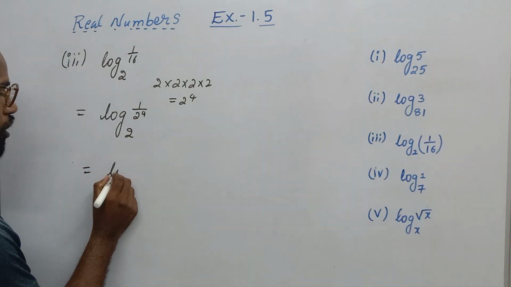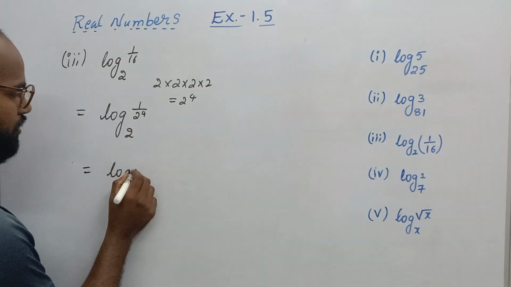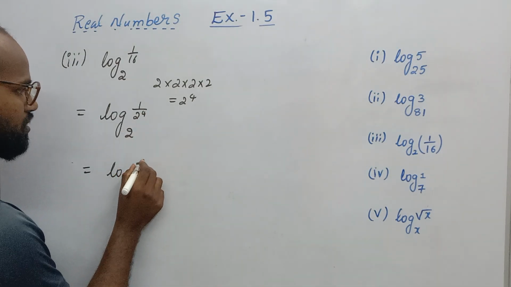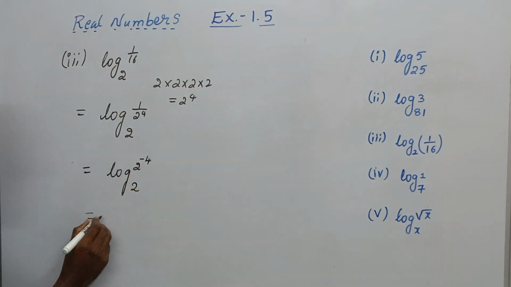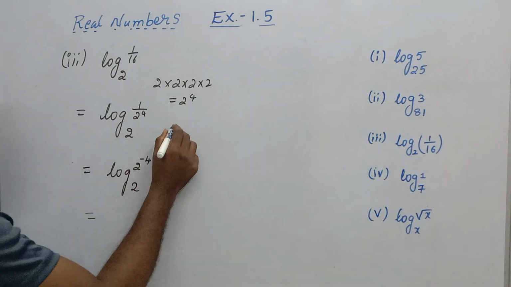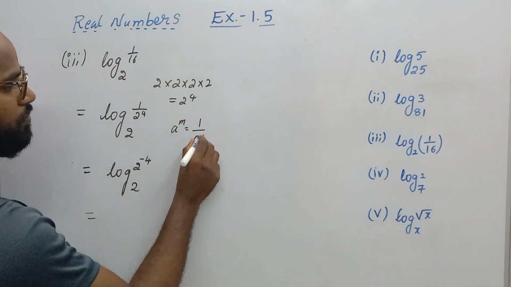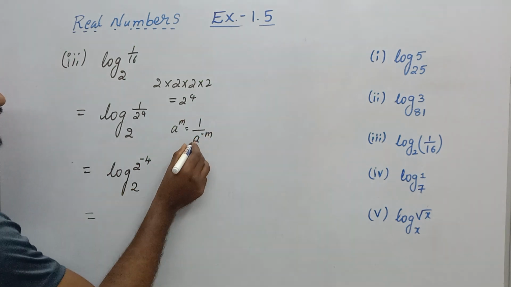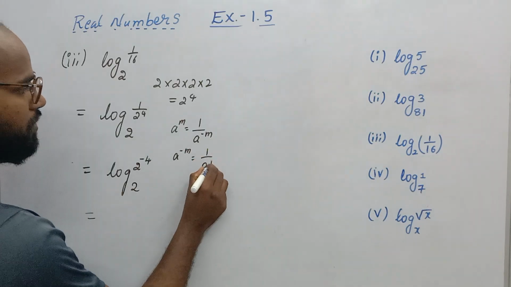Then log, so can I write this 1 by 2 power 4 as 2 power minus 4 base 2? Yes. So now you know that a power m equals 1 by a power minus m. The reverse is a power minus m equals 1 by a power m.